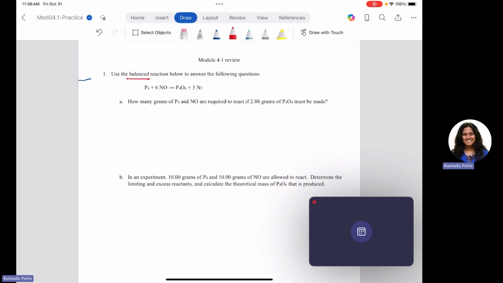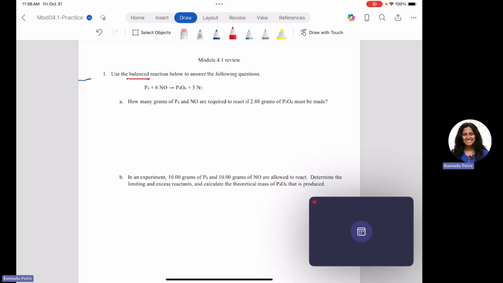So now we know the coefficients are correct. Using the coefficients we can determine the stoichiometry between the reactants or between reactants and products.